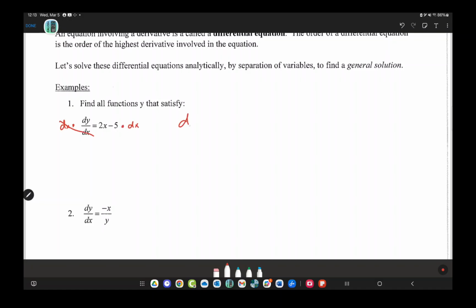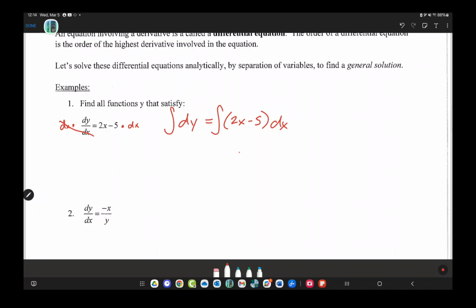So I get dy is equal to 2x minus 5 dx. The goal is to find the original function, basically define y. To do that, we are going to integrate both sides.